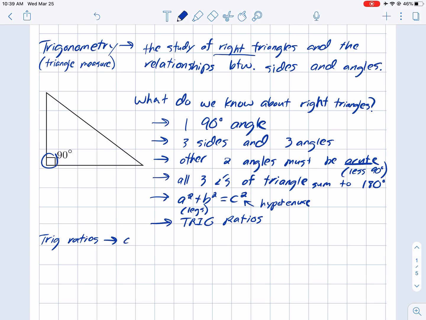So a trig ratio just compares, remember a ratio is a comparison, compares the lengths of two sides of a right triangle. Great.